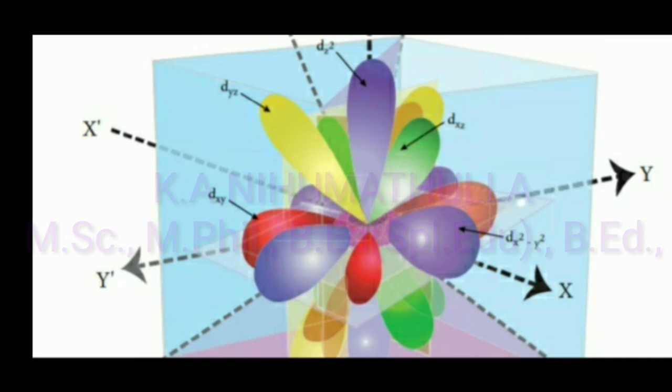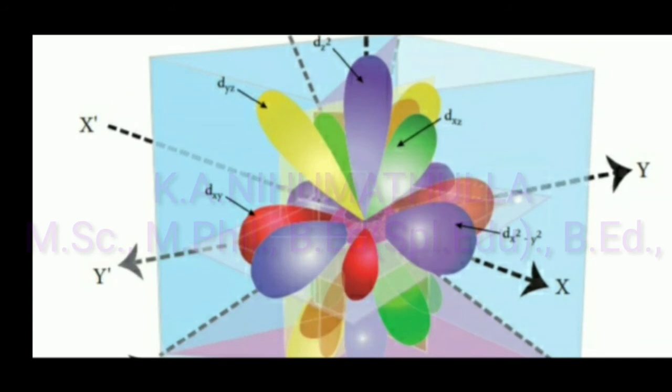The other orbitals, dxz, dxy, dyz, are indicated in green, red and yellow colors. dxy is red, dyz is yellow and dxz is green. These orbitals do not lie on the axis, they are always present between the axes.